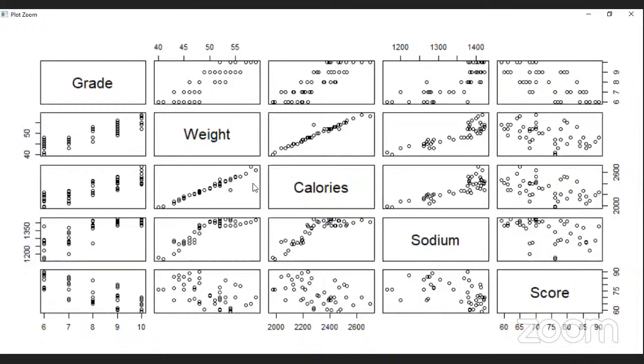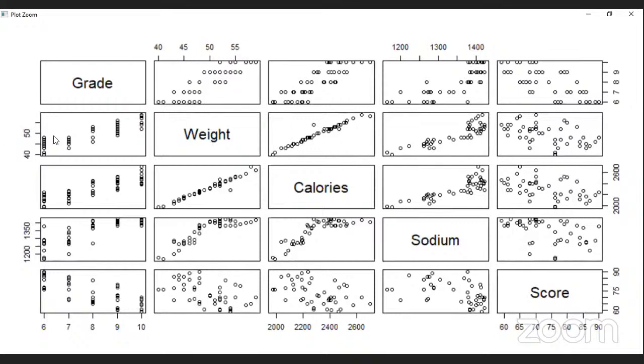Here, if you look, there is some pattern, meaning some linear relation is there. So by looking at this data, one can identify which variable is dependent and which variable is independent. Here, the score data is this and this.